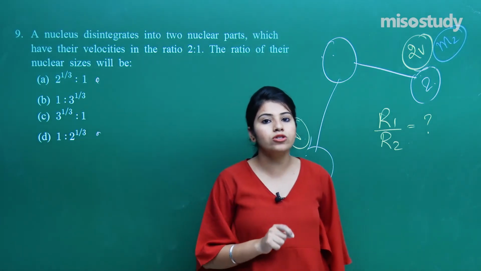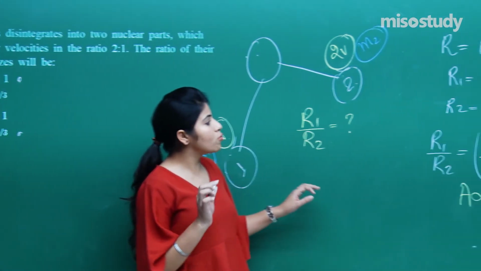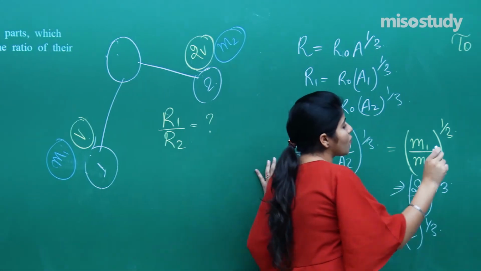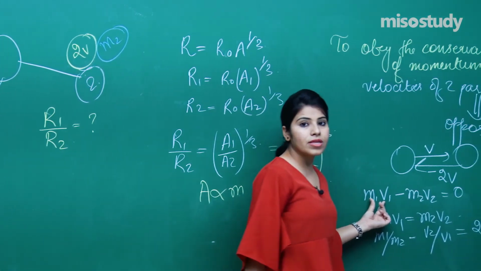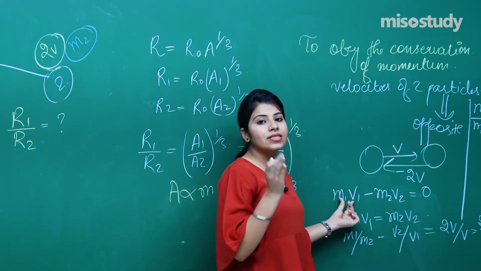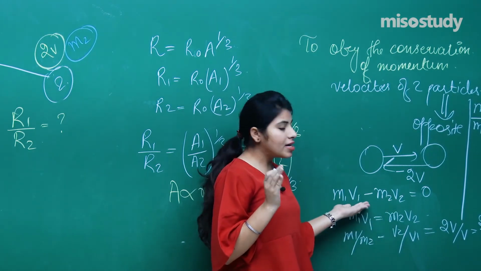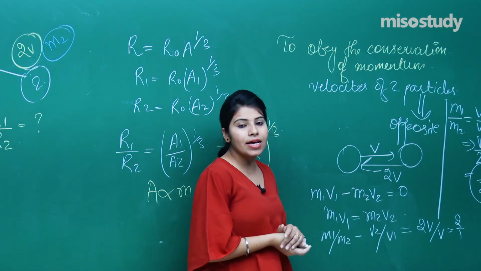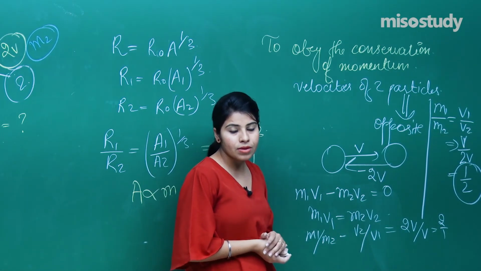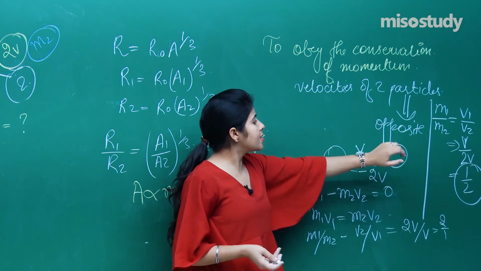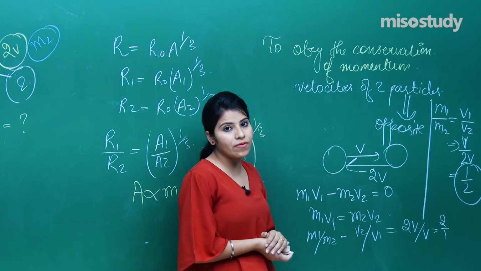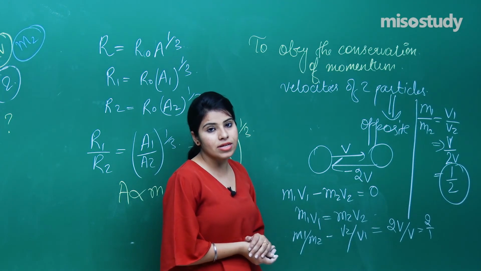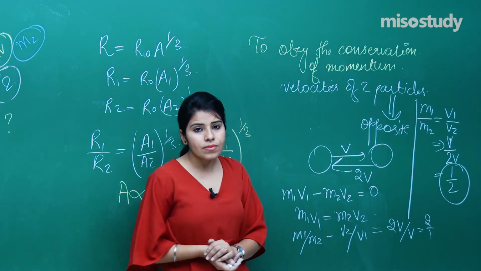And how you are going to solve it: you are going to consider the mass and the velocity of the m1 particle. Say its velocity is v, and the m2 particle, its velocity is 2v. In this case, we have seen that the m1 particle had velocity 2v and the m2 particle had velocity v.